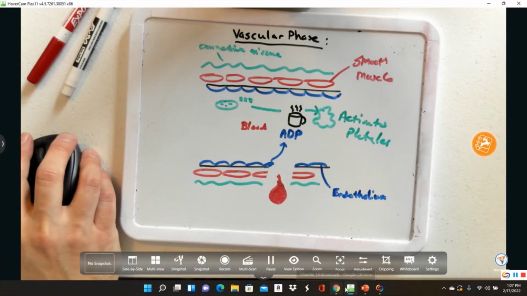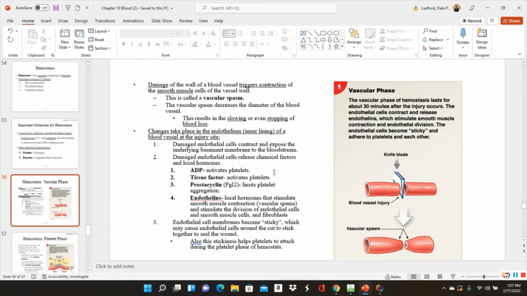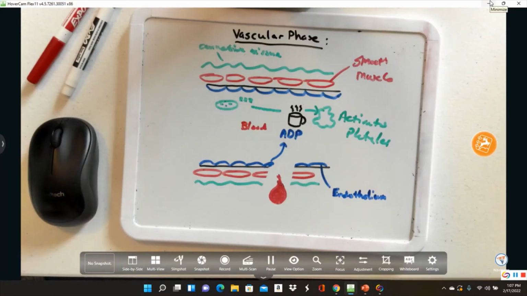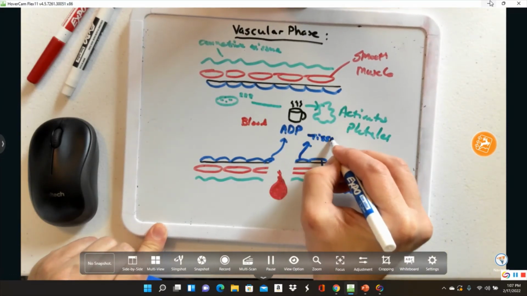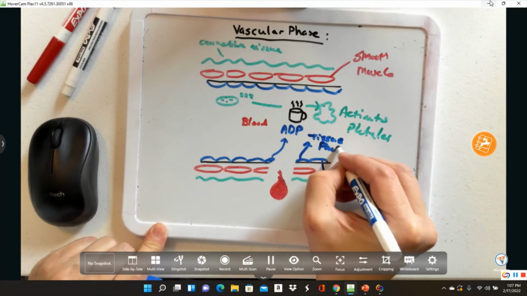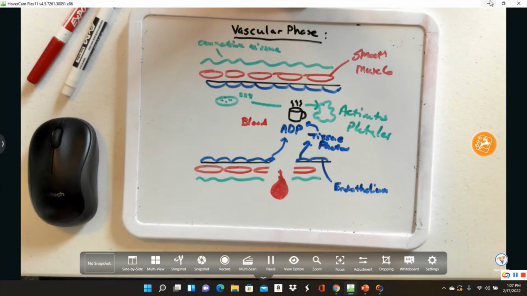Okay? Now, there are some other things that are going to happen. There are tissue factors that also activate platelets. So let's say we've got some tissue factor. Tissue factor and ADP are going to be like cups of coffee to activate this platelet.